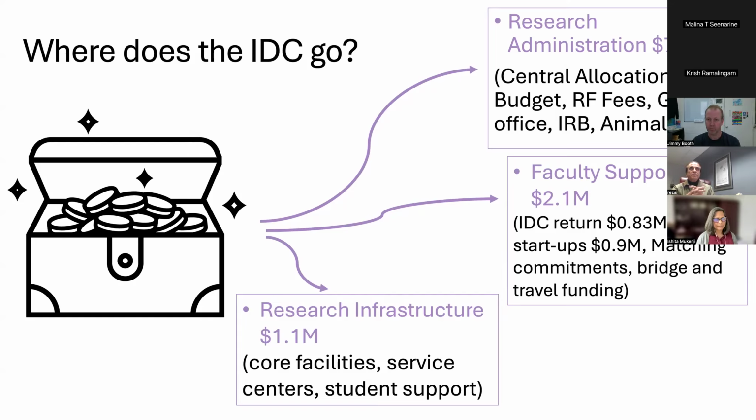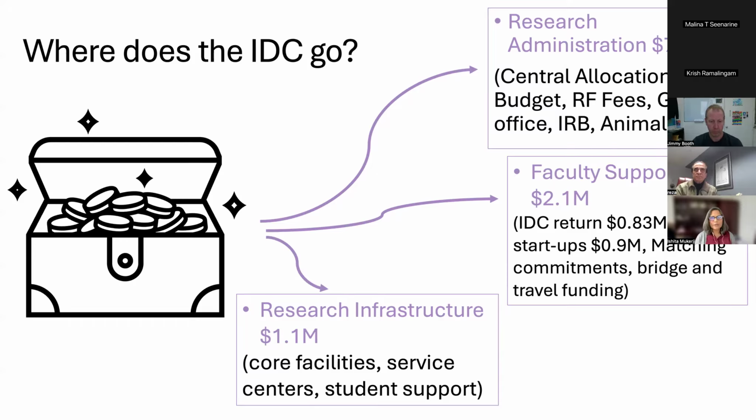So we don't know where the other 2 million goes. Well, I could tell you where it goes, but it becomes much smaller pockets of money. Nobody's getting millions out of it.